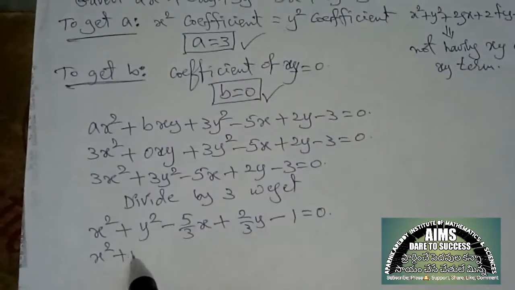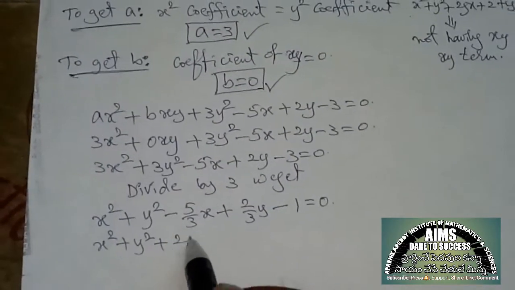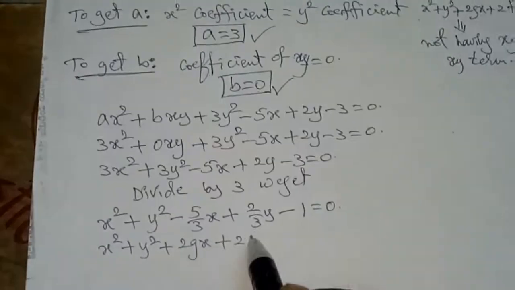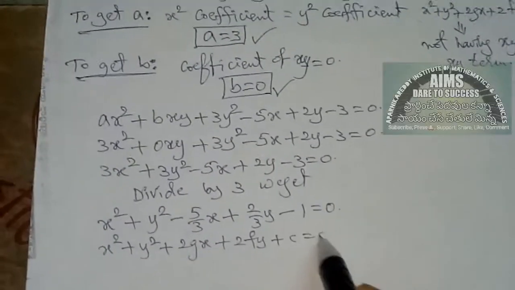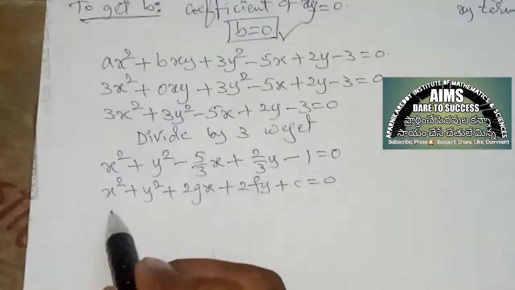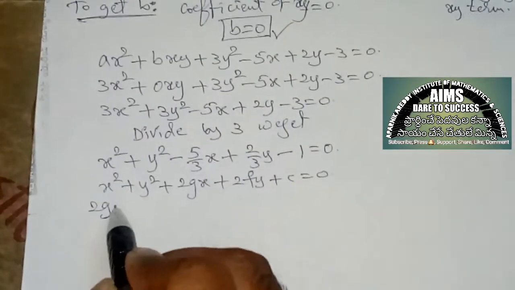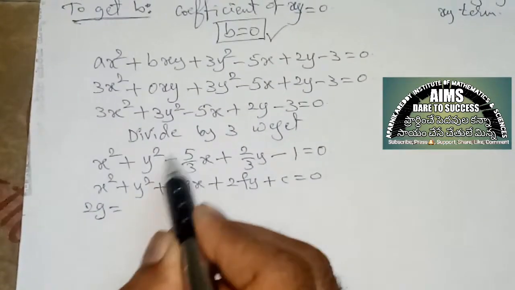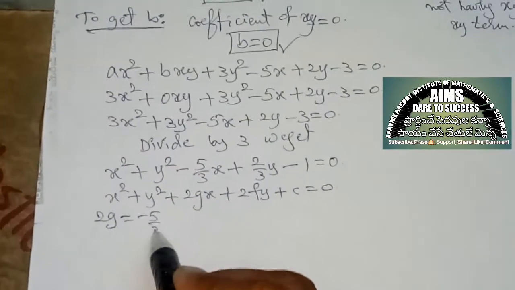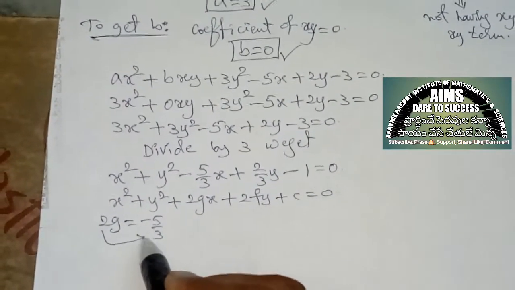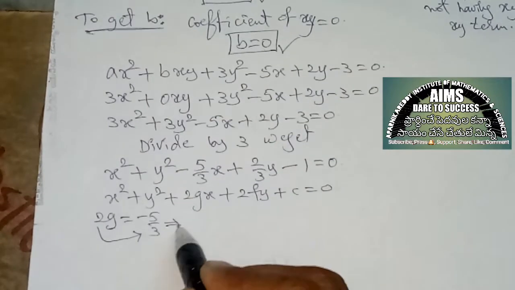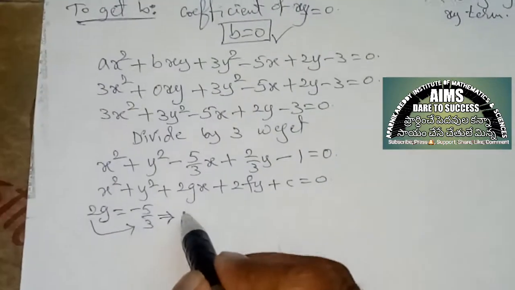Comparing with the standard equation of the circle, x square plus y square plus 2gx plus 2fy plus c equal to 0, we get 2g, the x coefficient, is equal to minus 5 by 3. To get g value, 2 coming to the right side multiplying with 3 in the denominator.